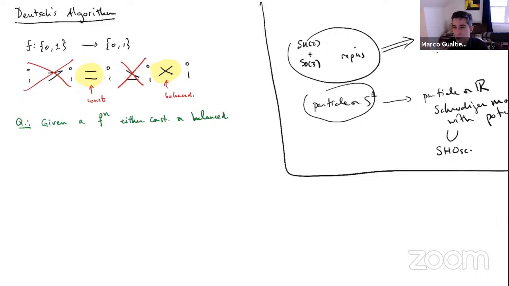Really, you should probably think of the constant function as just one example of the balanced case, but never mind. We're going to consider balanced to be just this function and constant to be that function. In the assignment, there's some discussion of this in a more complicated case, but I'm going to try to boil it down to the essence. So given a function which is either constant or balanced, determine which it is.